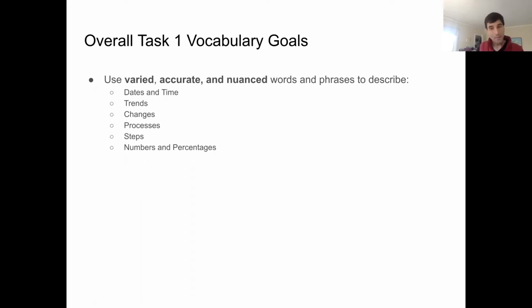Why is it a problem? Because it shows the grader, the person grading your essay, that maybe you don't have the vocabulary to exchange words or to use different words to communicate the same idea.